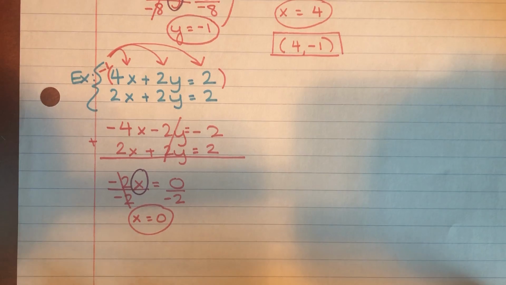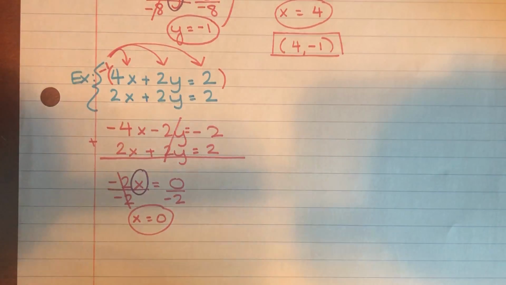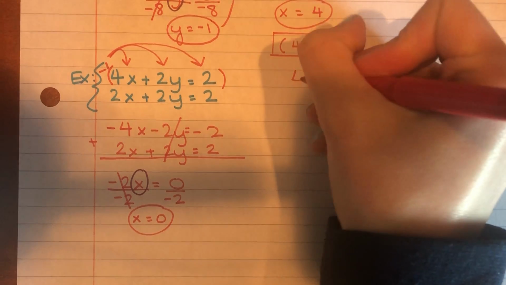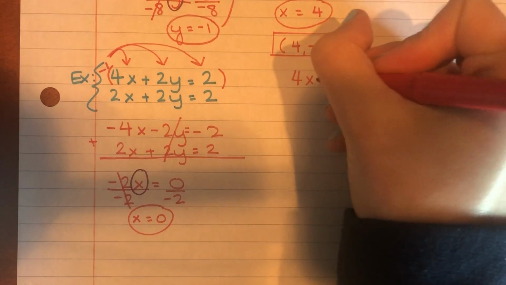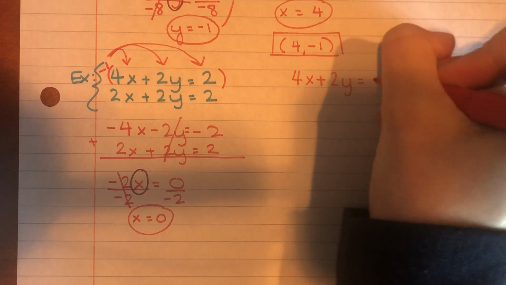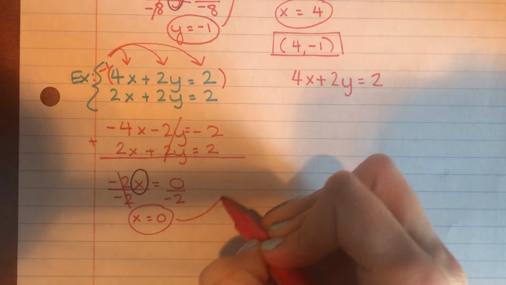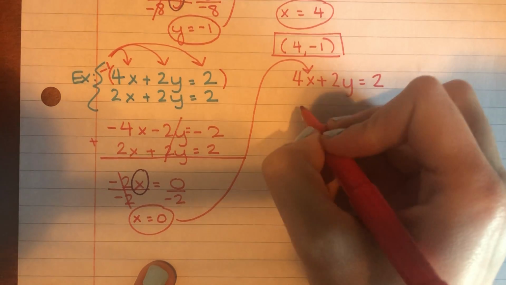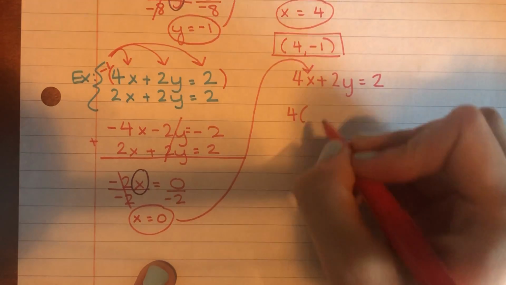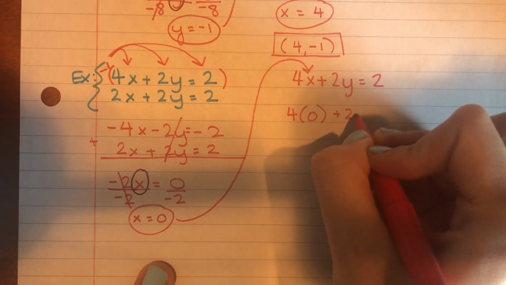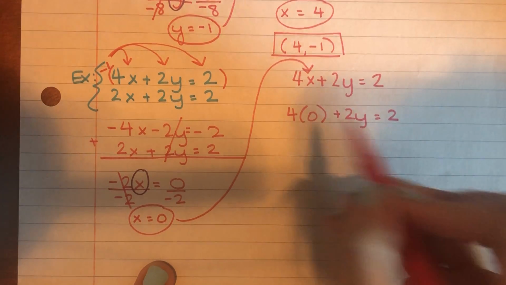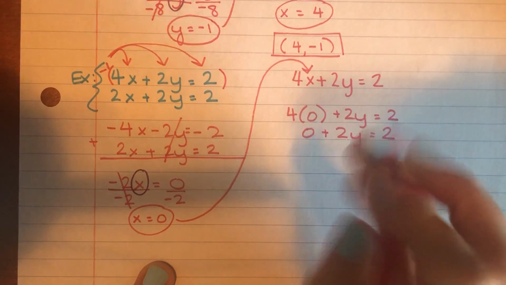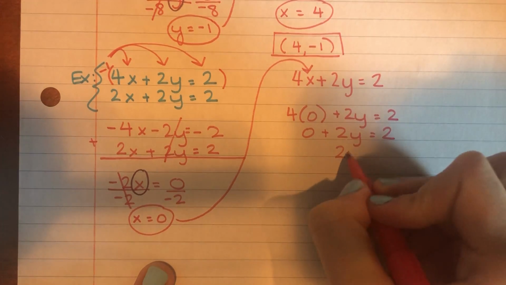All right, we need to substitute the value for x back into one of our original equations. I'm going to pick the first one. So I'm just copying down the first equation. And now I'm replacing x with the value 0. So this is 4 times x, or 0, plus 2y equals 2. 4 times 0 is 0. And actually, this 0, we can just pretend it's not even there.